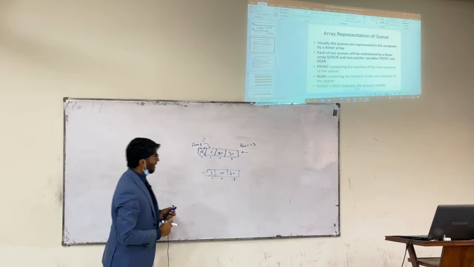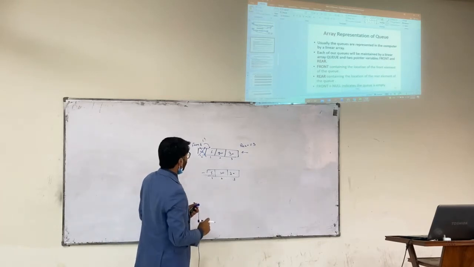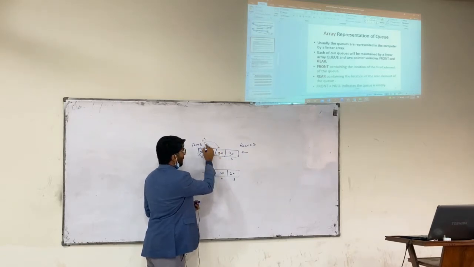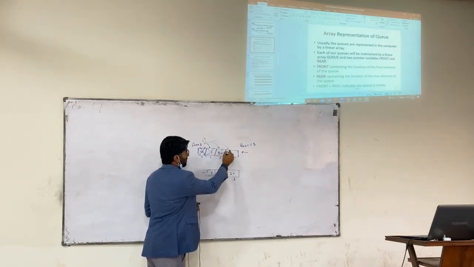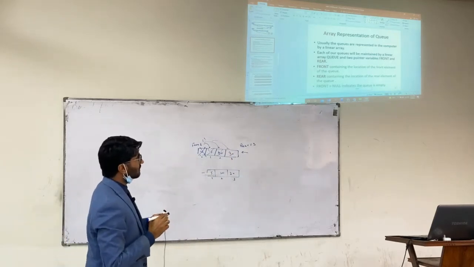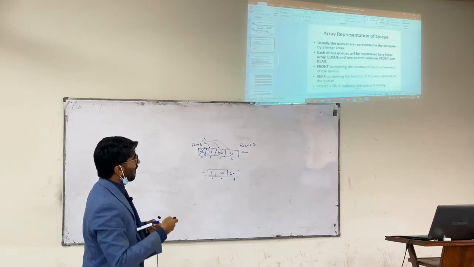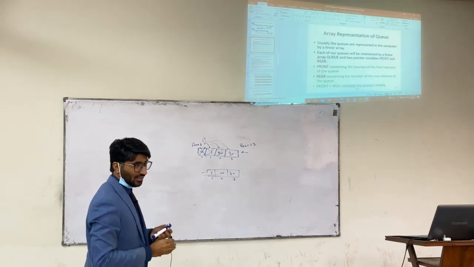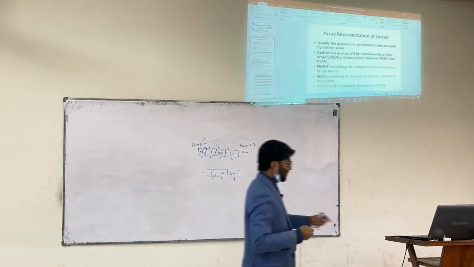If you can see here, after removing this one, the front may point to this one, and after removing this one, the front may point to this one. If front is equal to null, it indicates the queue is empty. No value has been inserted.